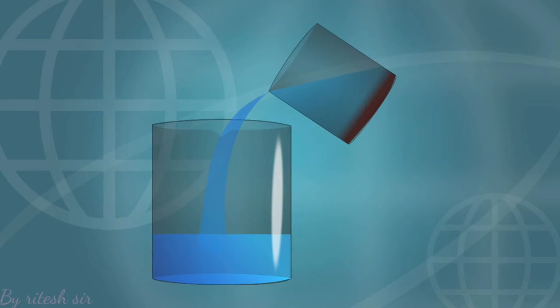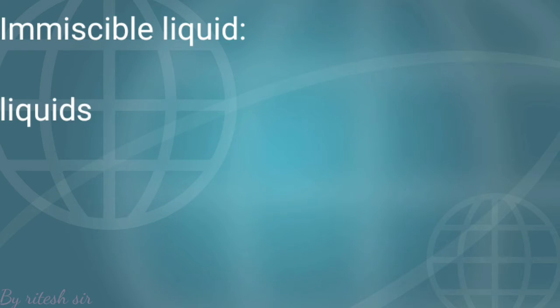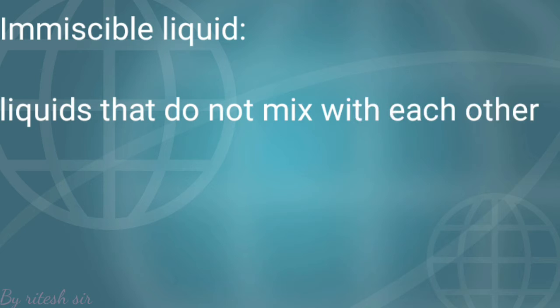As pure water is at the top part, we can now easily separate it, and this separation is known as decantation. By using this principle, two immiscible liquids, or the liquids that do not mix with each other, get separated.